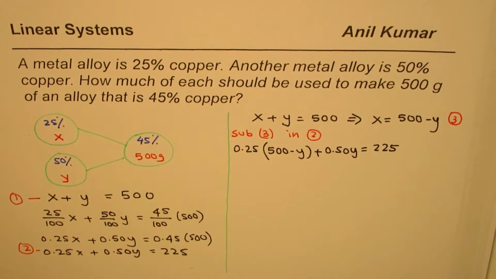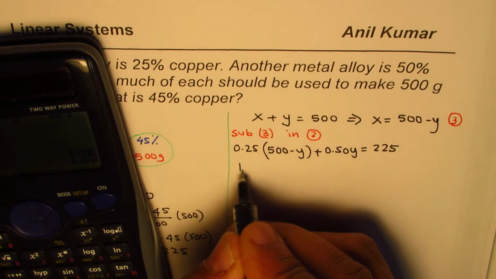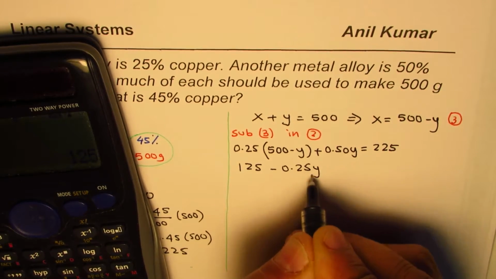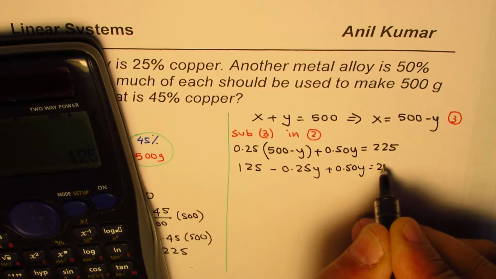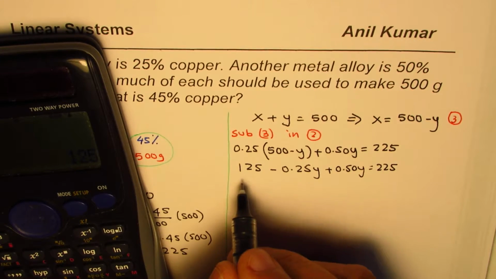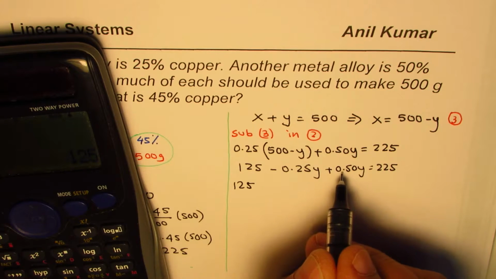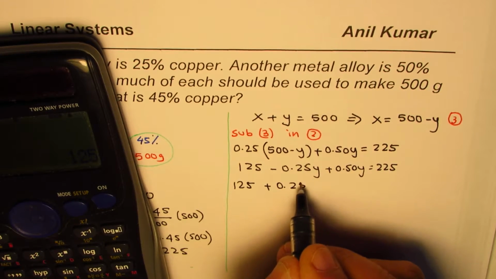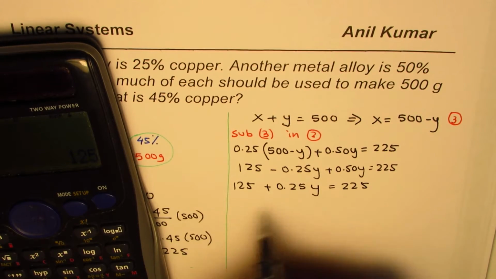Again, let's use the calculator, multiply and simplify. 0.25 times 500, a quarter of it is 125, minus 0.25y plus 0.50y equals 225. So 125 minus 0.25 plus 0.5 gives you plus 0.25y, which is 225.